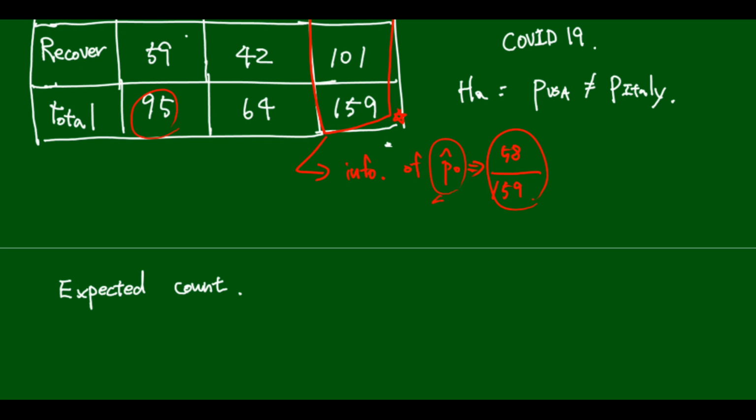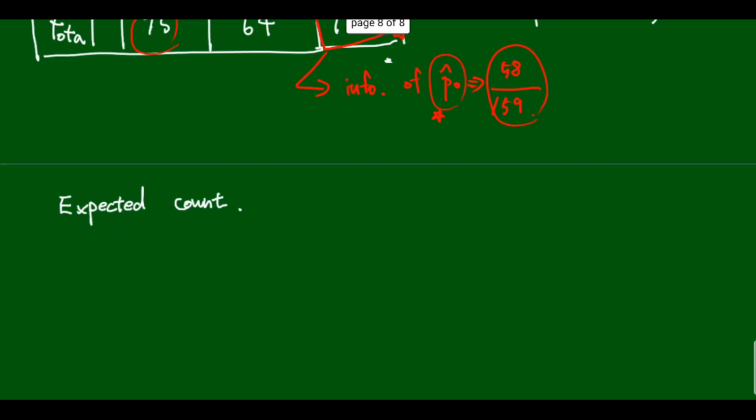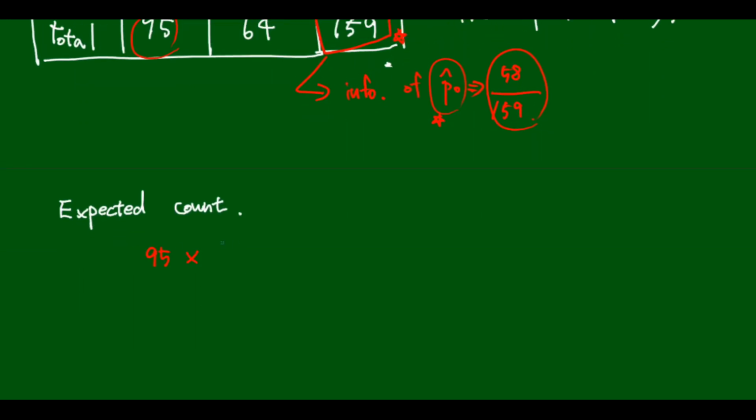So if this rate is the true rate, then I would expect 95 multiplied by P naught hat, which is 58 divided by 159. What does this mean? This is the expected number of people who die from COVID-19.